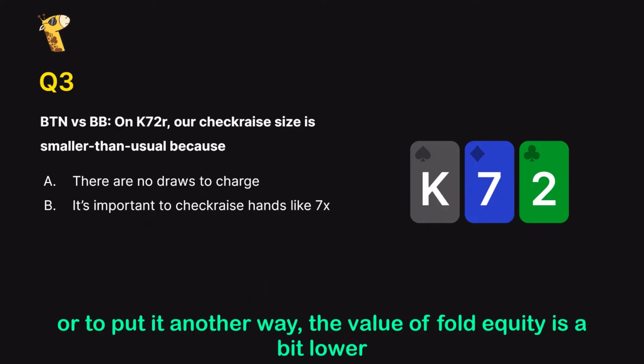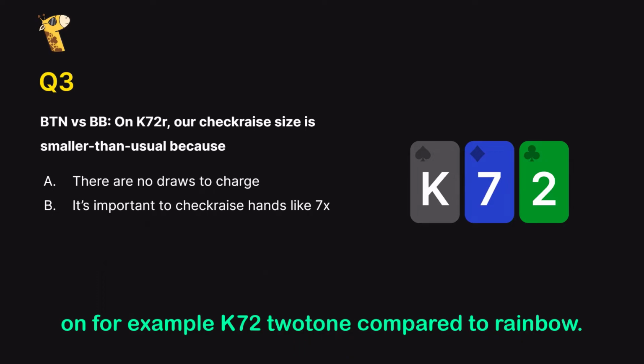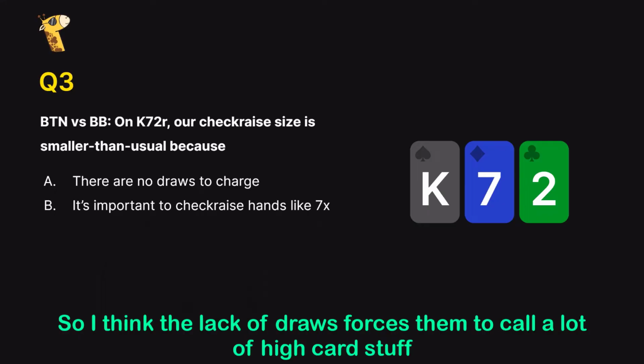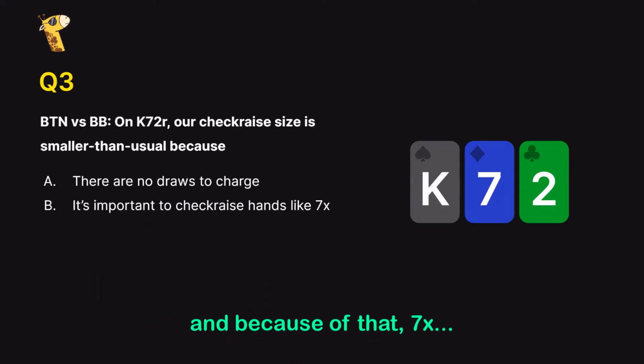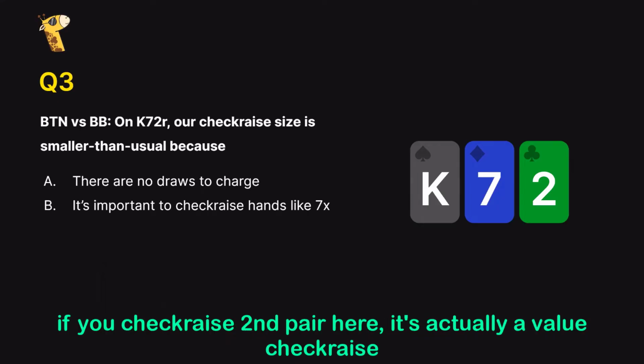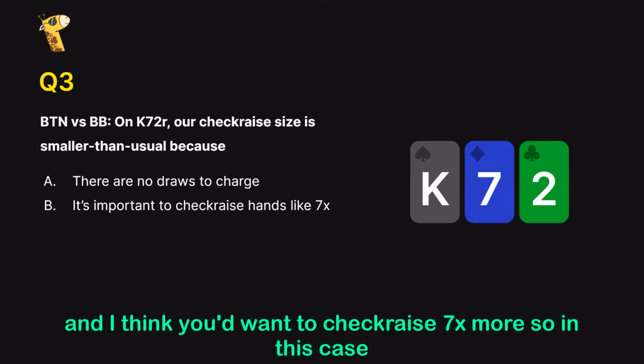Or put another way, the value of fold equity is a bit lower on, for example, king 7-2 two-tone compared to rainbow. And so I think the lack of draws forces them to call a lot of high card stuff. Because of that, if you check raise second pair here, it's actually a value check raise. And I think you'd want to check raise 7x more so in this case.